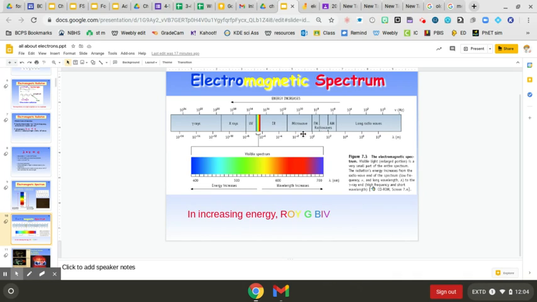Or if I said, what has a longer wavelength, infrared or UV, you should be able to, in your head, say, okay, infrared's on this side, that's the red, those are the longer wavelengths. So I'm not asking you to memorize the numbers like these, but you should know the general order of things on here and what has longer wavelengths and what has higher frequency with short wavelengths.